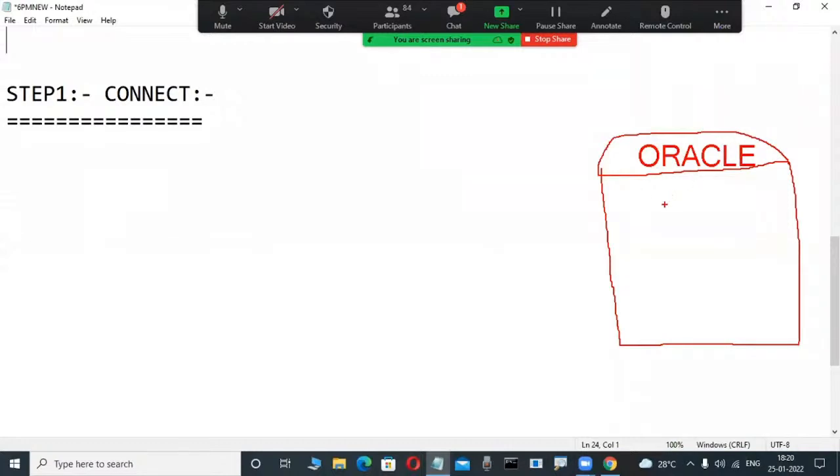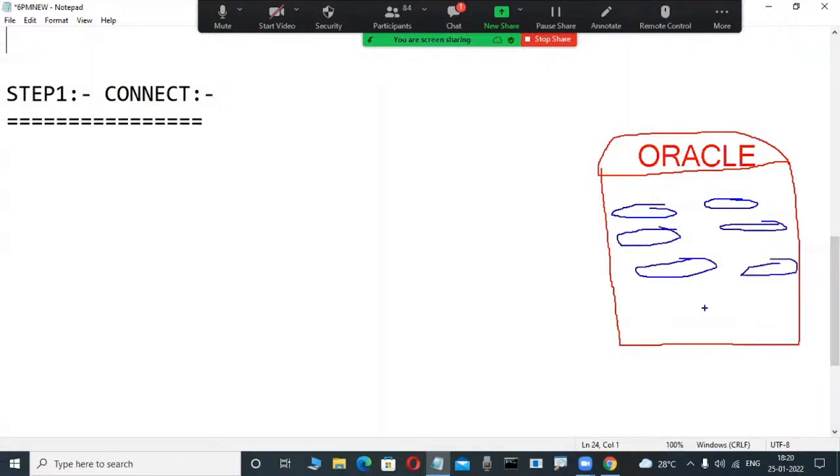In this Oracle database there are so many database objects: tables, procedures, functions, triggers, packages, synonyms, sequences, indexes. These are all a collection of database objects.